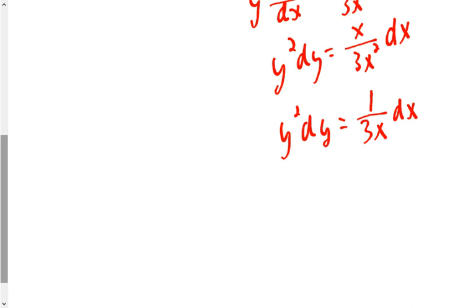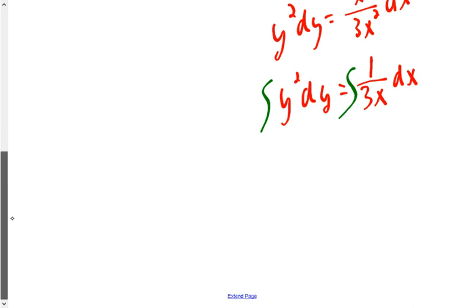So now I'm going to integrate. And I would get y cubed over 3 equals 1 over 3x. Well, that'd be u is 3x, so du is 3 dx.